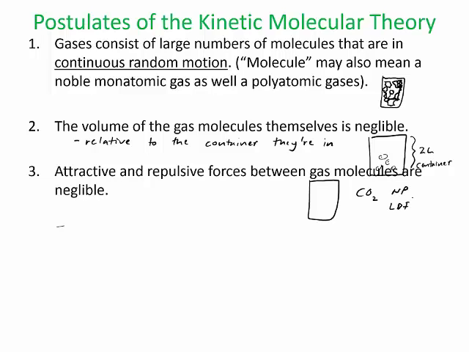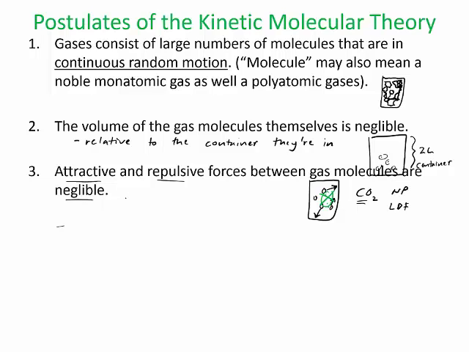We all know dry ice is solid CO2, so at some point CO2 molecules are going to have attractive forces and form liquids and solids. However, if we assume that the attractive and repulsive forces are negligible, then the CO2 molecules are free to roam around here without being inhibited by other CO2s. So there are no attractive forces happening between these CO2 molecules. This is a potential attractive force, and they don't happen.